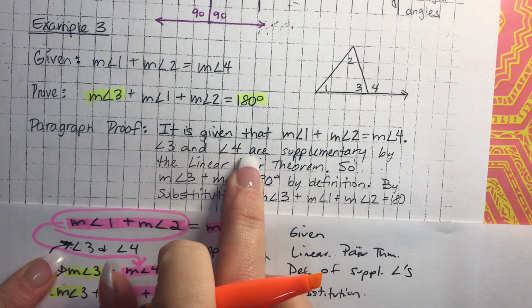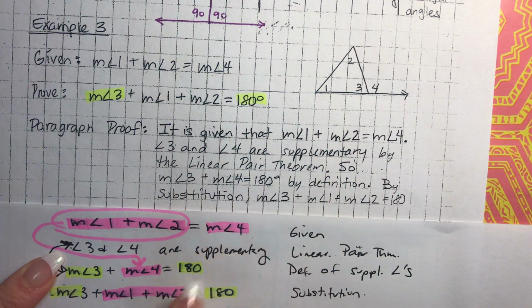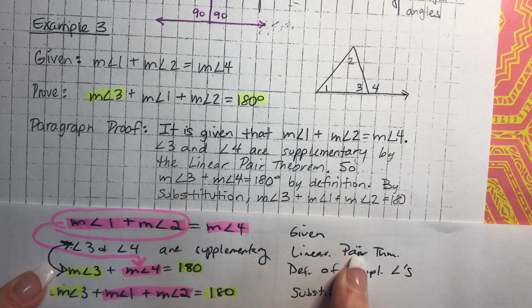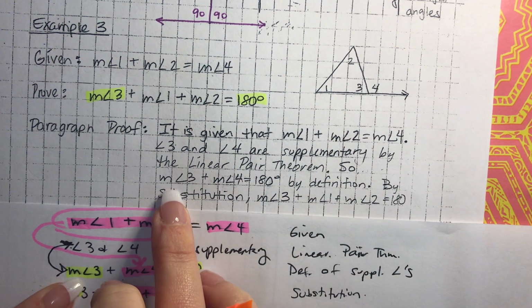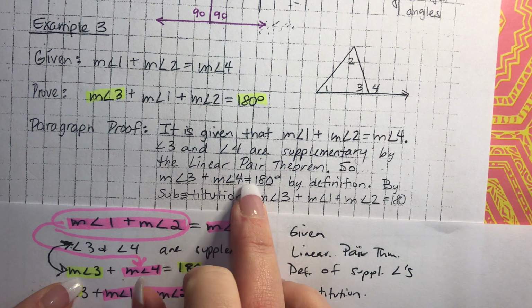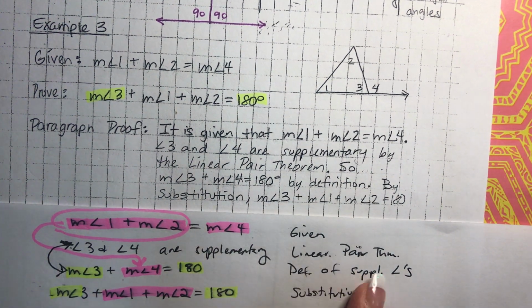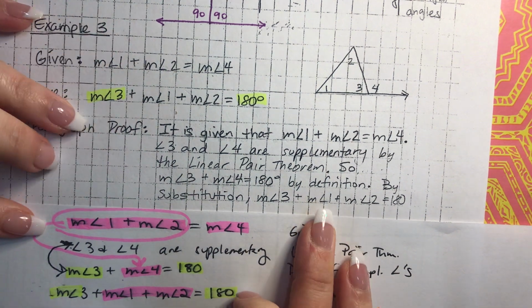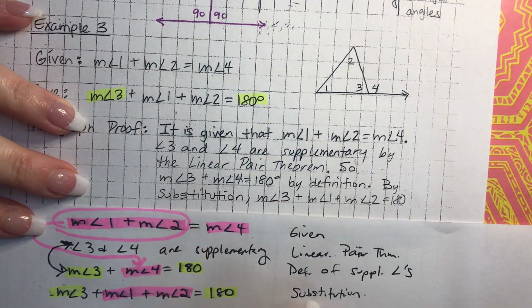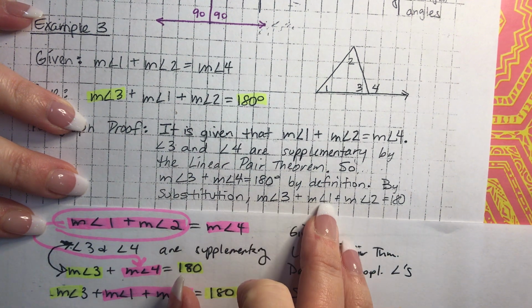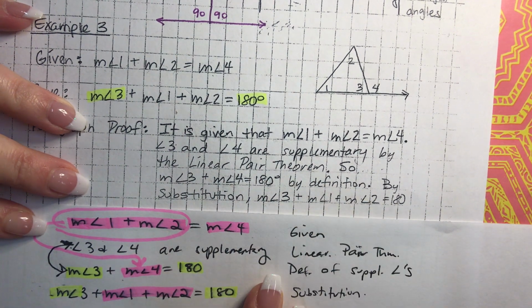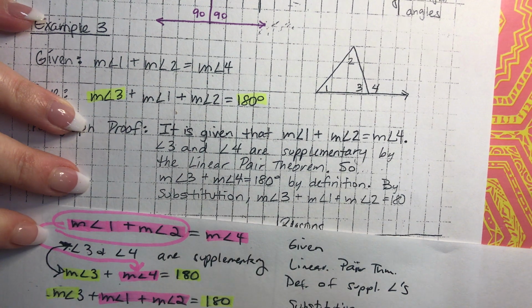Angle 3 and angle 4 are supplementary by the linear pair theorem. So the measure of angle 3 plus the measure of angle 4 equals 180 by definition. It's really by the definition of supplementary angles, but they just say by definition. By substitution, the measure of angle 3 plus the measure of angle 1 plus the measure of angle 2 equals 180.